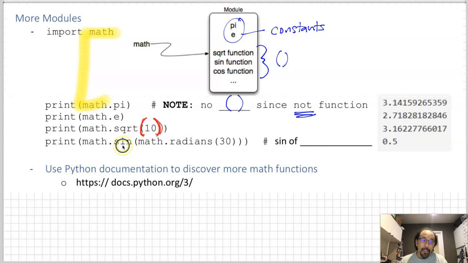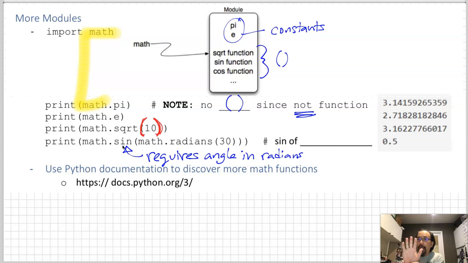Now we have the sine function. You have to understand what kind of input it requires. The input to the sine function must be in radians, the unit of radians. If you take math and understand algebra 2, you understand that there are different measures of angles. Just like there are different ways of measuring units of distance, we have feet, but we also have meters.